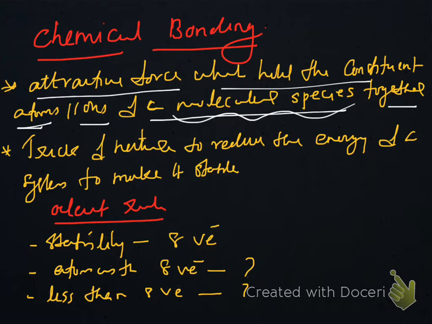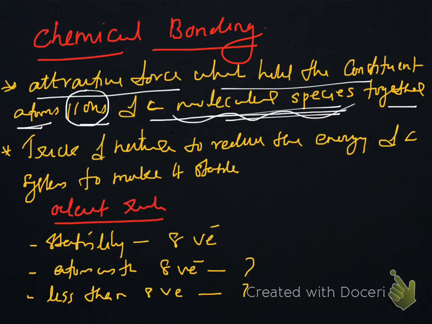In the case of charged species, there may be ions as constituent particles. Ions can be formed from a single atom or polyatoms. Anyway, there should be an attractive force to hold these ions together in a molecular species. These various kinds of attractive forces are collectively called chemical bond.